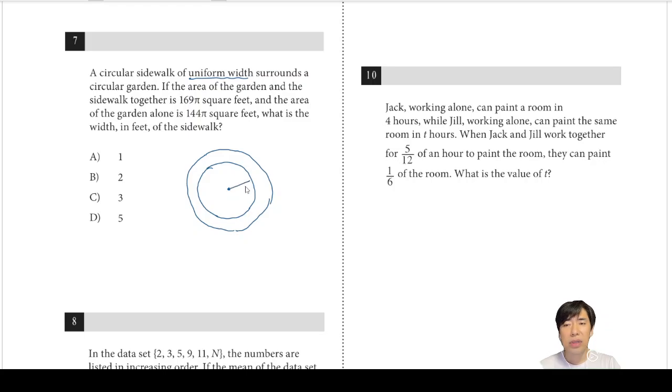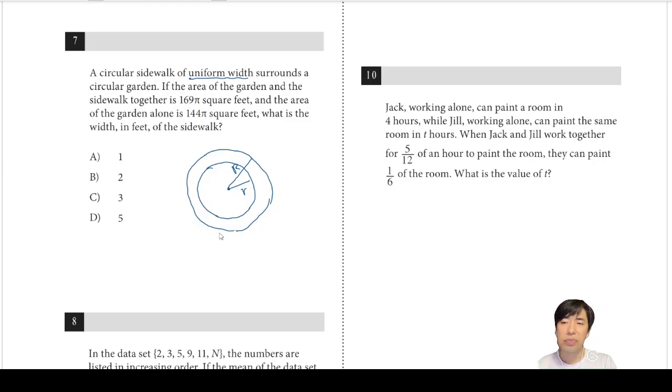So this is the radius: lowercase r represents the radius of the circular garden, and capital R represents the radius of the outer circle here.